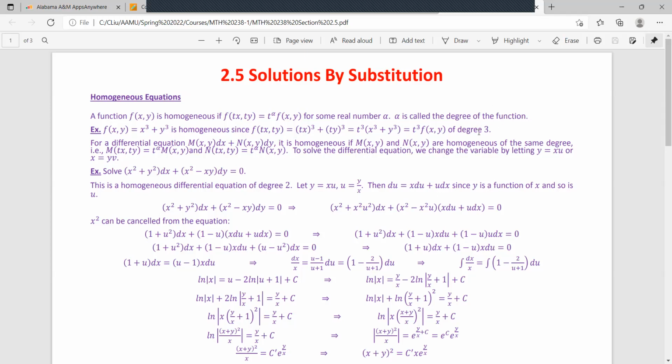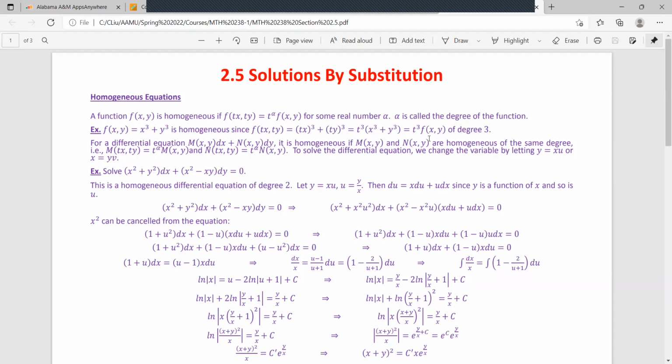All right. So for example, if a function f is x cubed plus y cubed, then when you plug in tx for x and ty for y, it becomes (tx) cubed plus (ty) cubed. So then you get t cubed x cubed plus t cubed y cubed. Then you can factor out t cubed from the two terms, so that it becomes t cubed times (x cubed plus y cubed).